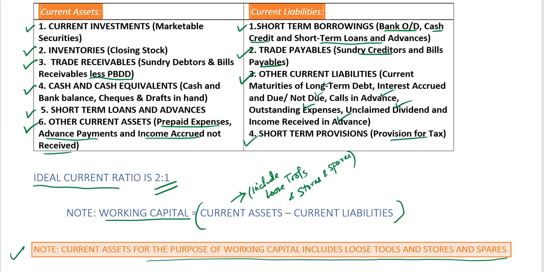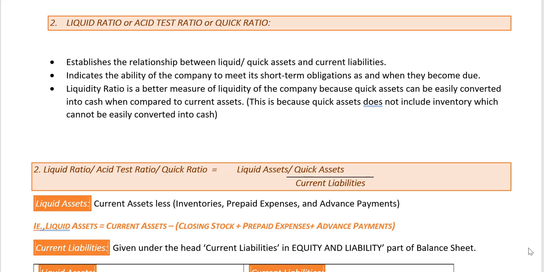Next we'll move on to the second ratio under liquidity ratios, which is called liquid ratio. The second ratio is called liquid ratio or acid test ratio or even quick ratio. Now this ratio establishes the relationship between liquid assets or quick assets and the current liabilities.